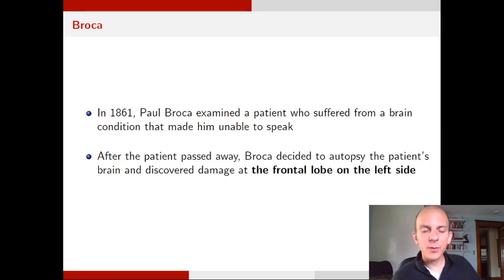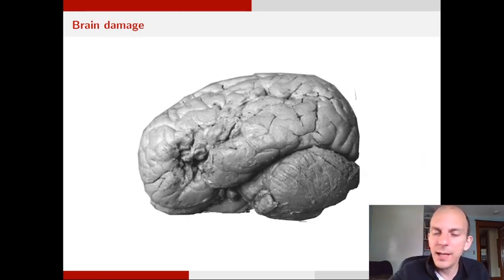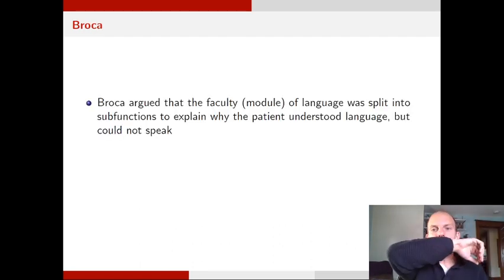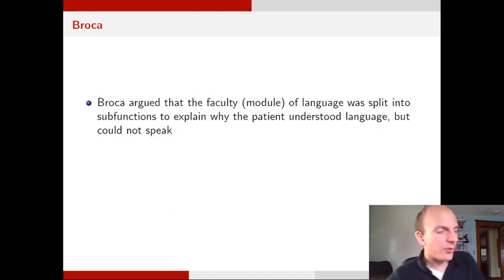What Broca found was damage on the frontal lobe on the left side, this area right here, which would later become known as Broca's area. This patient could understand language, he would follow commands, but he could not produce language. Again, we'll delve a little further into this.